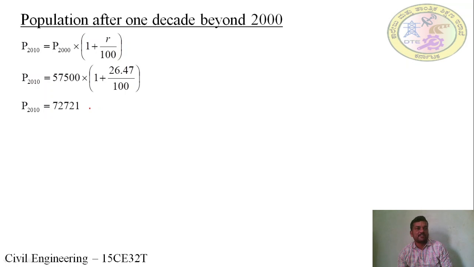In the last session we discussed the arithmetical increase method, where the population for the year 2010 is 66,250. So compared to the arithmetical increase method, the geometrical increase method gives comparatively higher values.